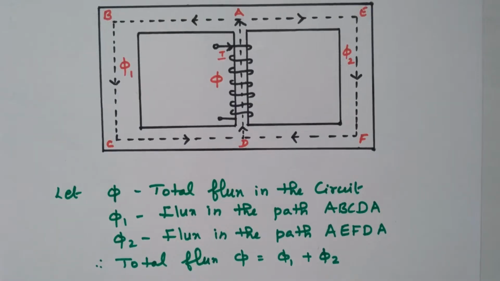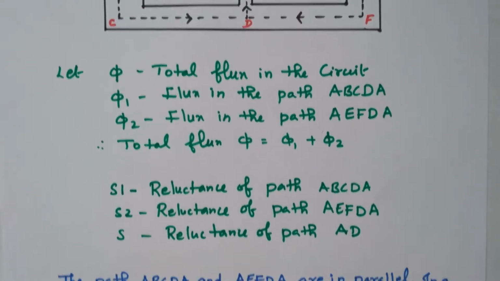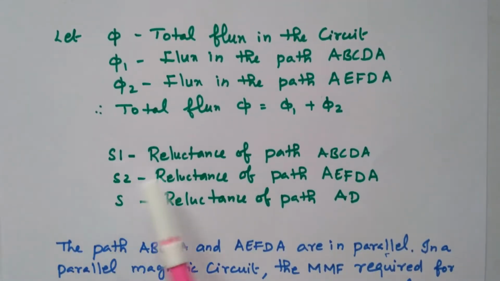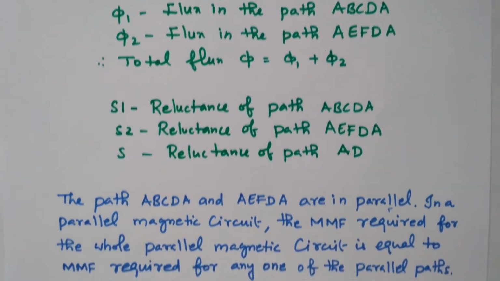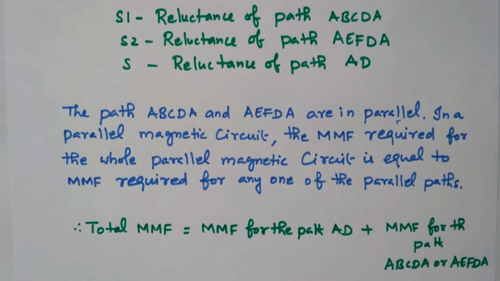Then what about the reluctance? S1 is the reluctance in the path ABCDA, the first part. S2 is the reluctance in the second part, AEFDA. Then S is the reluctance in AD, the common part, the central limb. These are all connected in parallel.